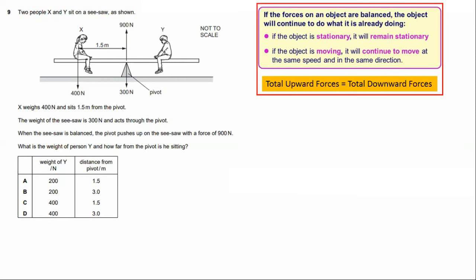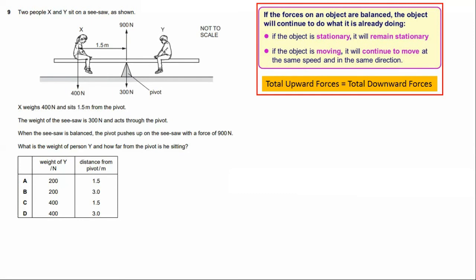According to that, we can calculate the weight of person Y. Since the total upward force is 900, total downward force is 400 plus 300, which is 700, plus the weight of Y. So if you subtract 700 from 900, you get the weight of Y, which is 200 Newtons. So the answer should be either A or B. We can eliminate answers C and D.